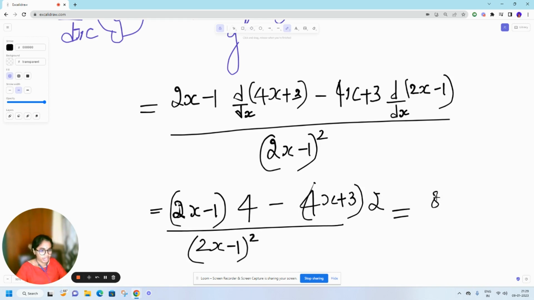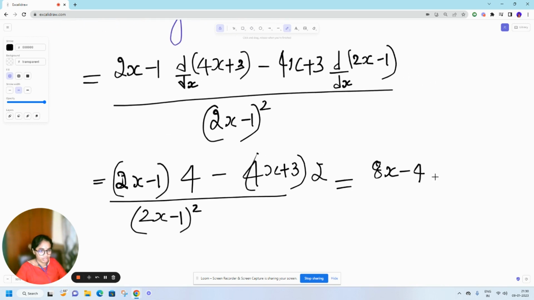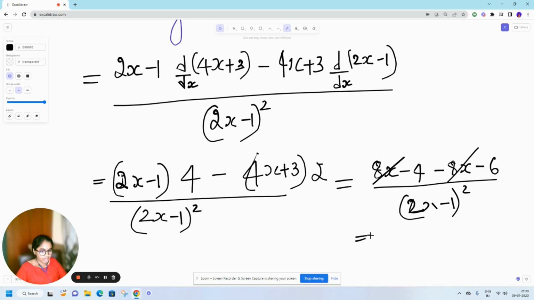I would get 8x minus 4, minus 8x minus 6, divided by 2x minus 1 the whole square. In the numerator, 8x and 8x get cancelled, and the numerator is minus 4 minus 6, that is minus 10, over 2x minus 1 the whole square.